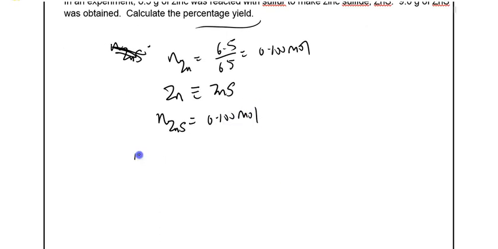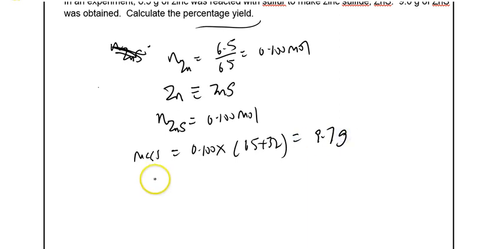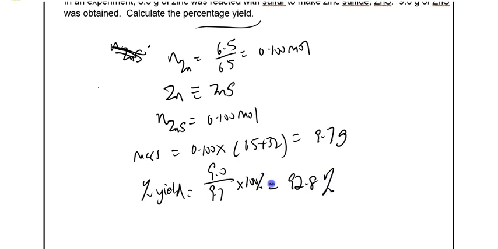And this translates to a mass of 65 plus 32, 9.7 grams. So the yield of this reaction is what I obtain over what I should get times 100%, and I have 92.8% yield. Okay?